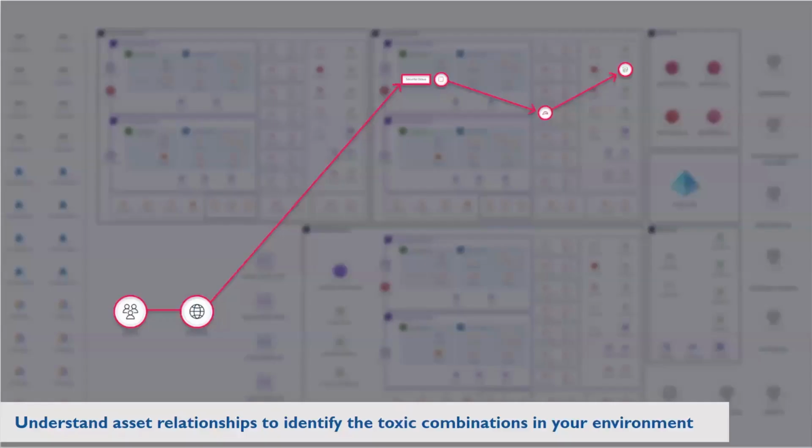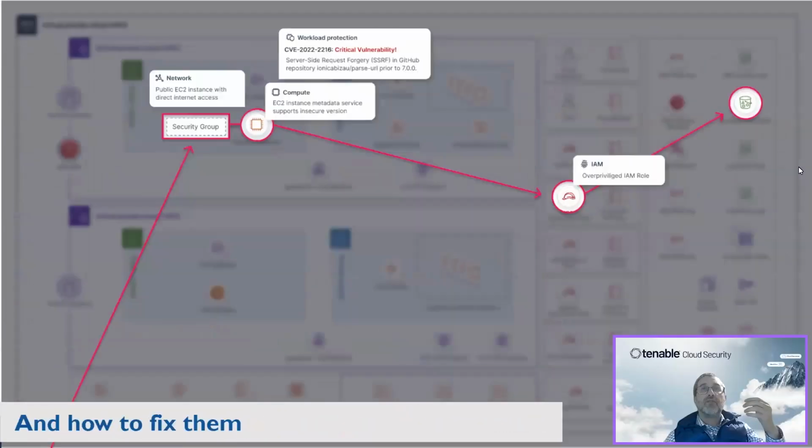So if you have, for example, a situation where you have a compute resource and that compute resource is exposed to the internet directly through a network misconfiguration, and it also has a critical vulnerability, that is a toxic combination because someone can actually try to access that machine from the internet because of the networking exposure, and then try to leverage that vulnerability in order to compromise that machine and take it over.